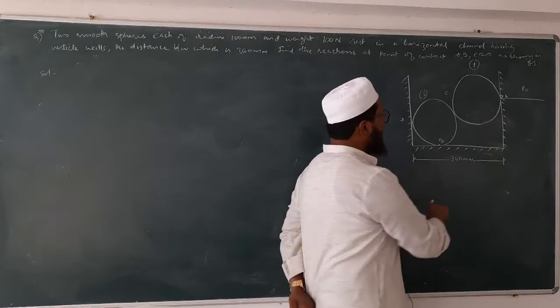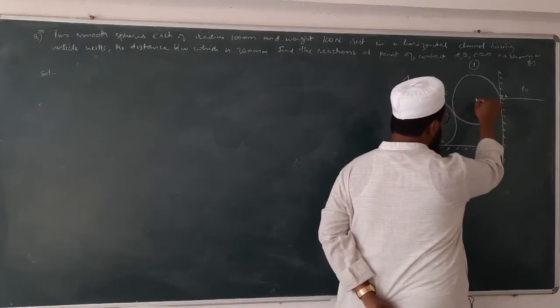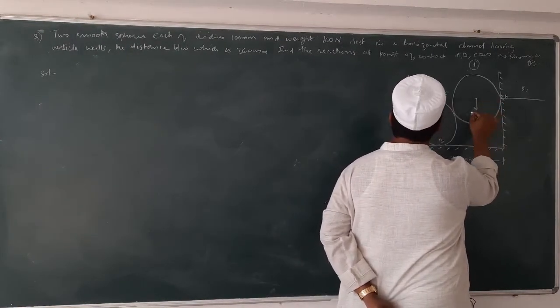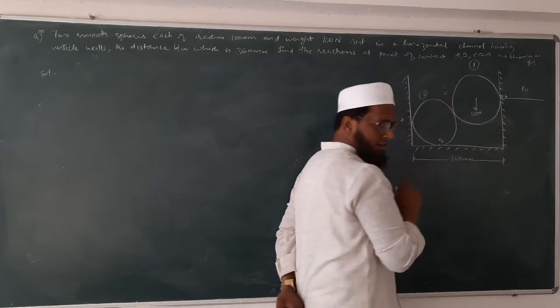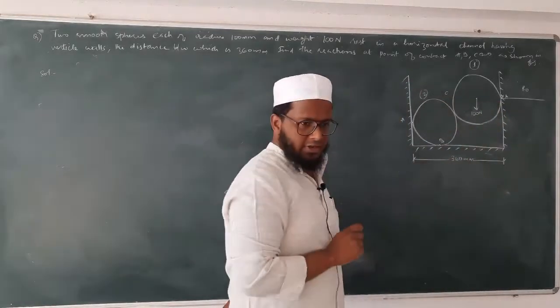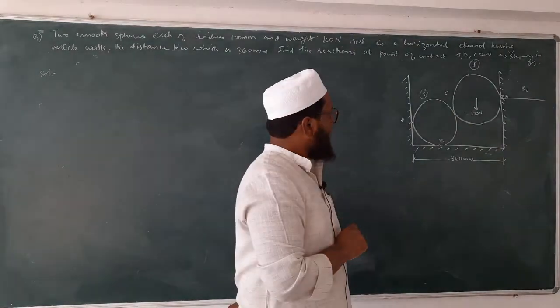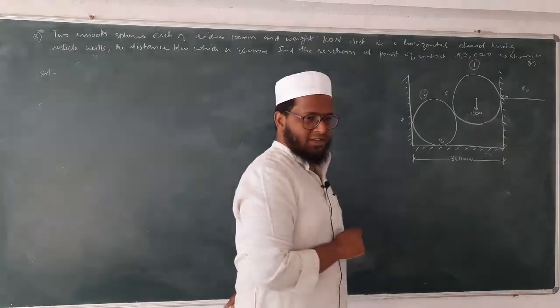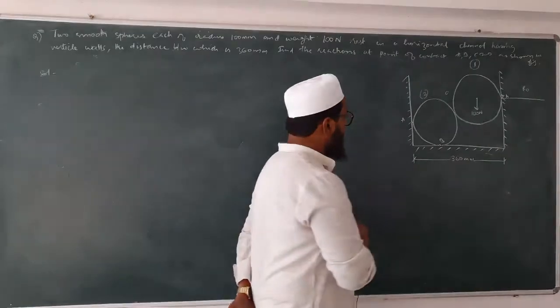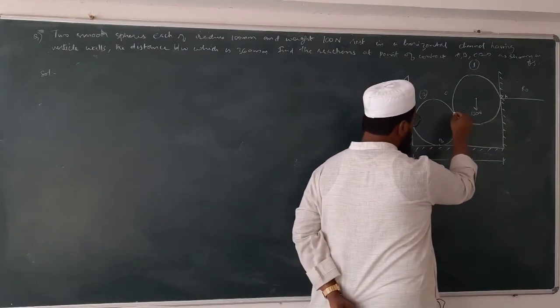Next, we have one more, the weight of the sphere. What is the weight of the sphere given? 100 newtons, each weighing 100 newtons. So weight is going in downward direction. And what about another reaction from C? We will be having reaction from C.